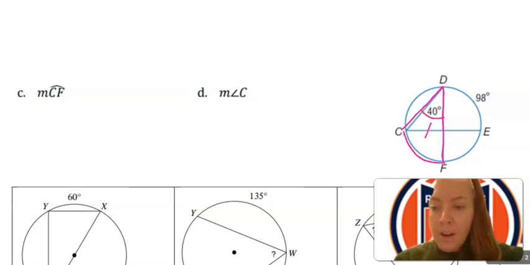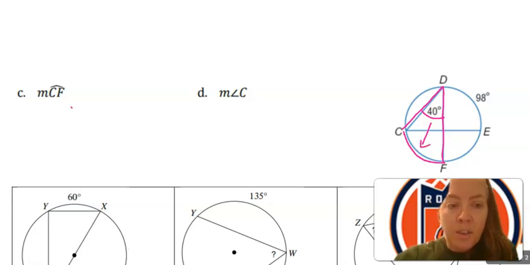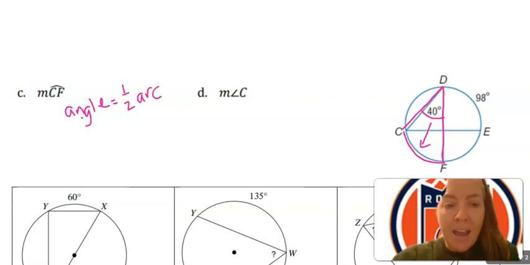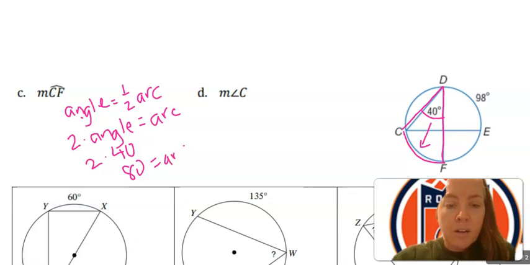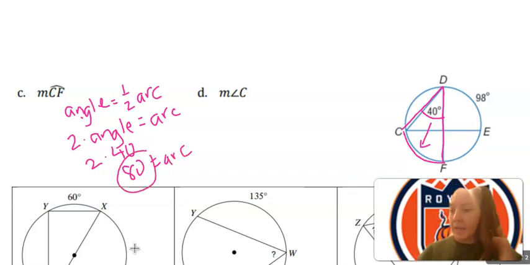If I want the arc, I know the angle is equal to half of the arc, but I have the angle, so I want to do 2 times the angle is equal to the arc. So 2 times our angle, 40, is 80, and that equals the arc. Keep in mind, depending on what you have might depend on which rule is easier to use.